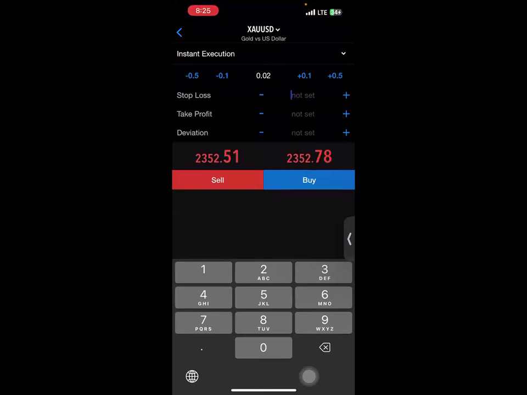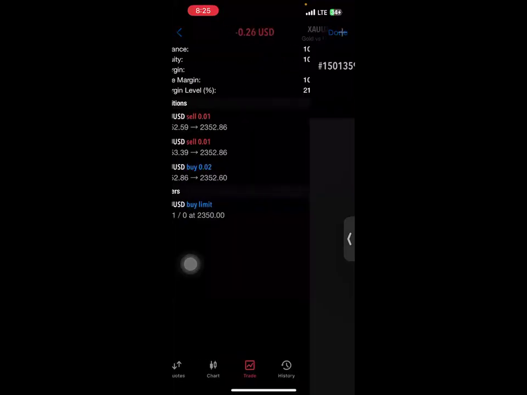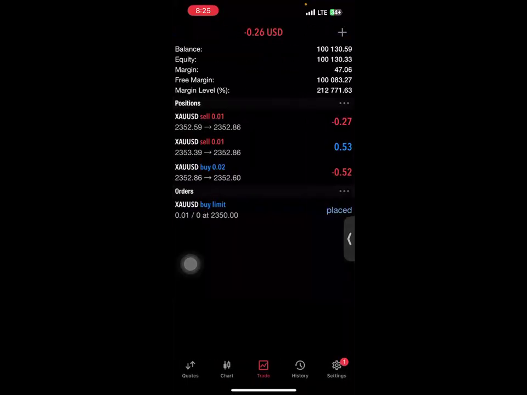I've changed the distance to 0.02. Yes, 23.50 for the stop loss. For the take profit, let's do 23.54. All right, so click buy. Yeah, so these are the parameters.